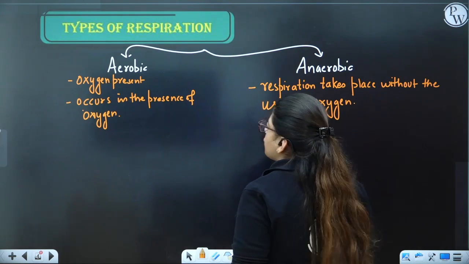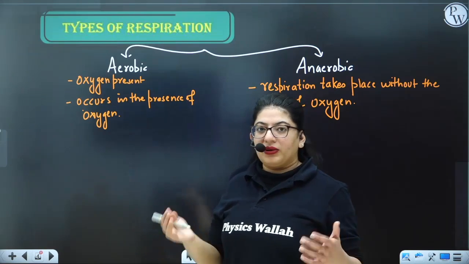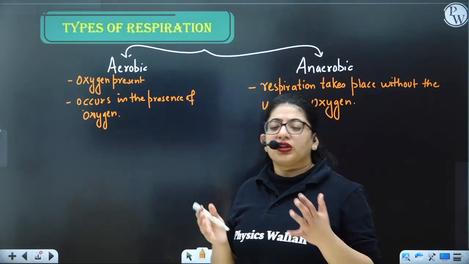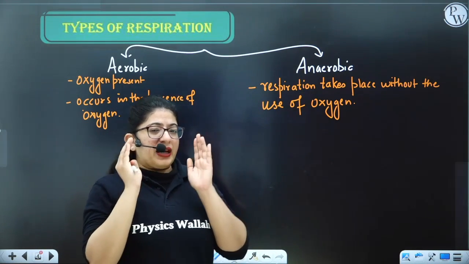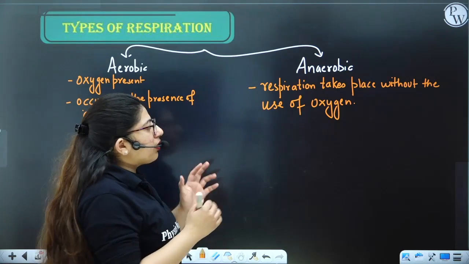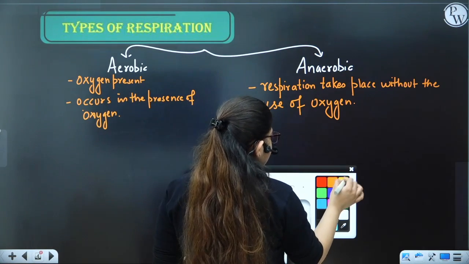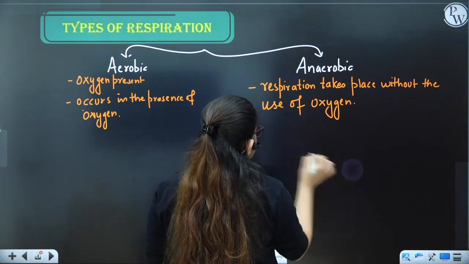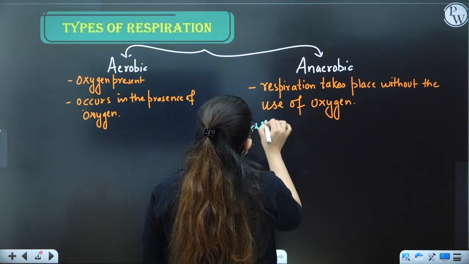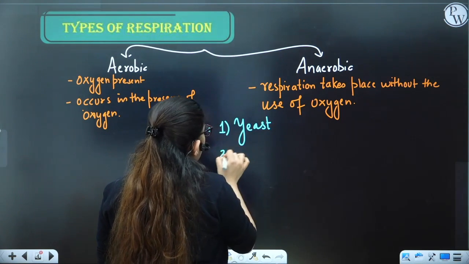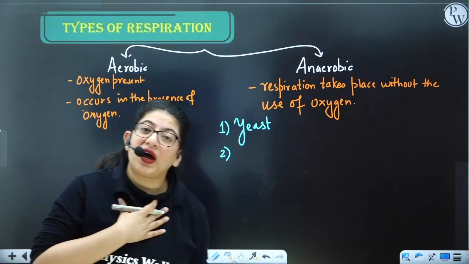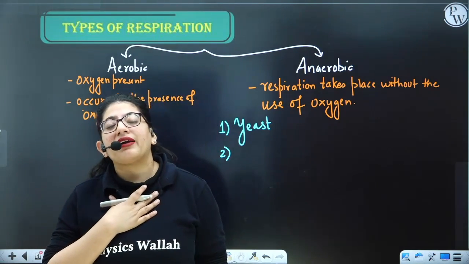All right, guys. So aerobic, we respire normally aerobically. You all know that. So the major topic to discuss here is who are those organisms that respire anaerobically. First of all, the best example we have here is your yeast. Yeast respire anaerobically. If I talk about us, we also have something where we respire anaerobically.